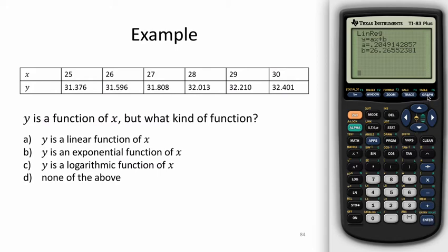Let's go to the graph. That doesn't look like an exact enough fit, but I'm not positive, so I'm going to go ahead and do the error analysis.